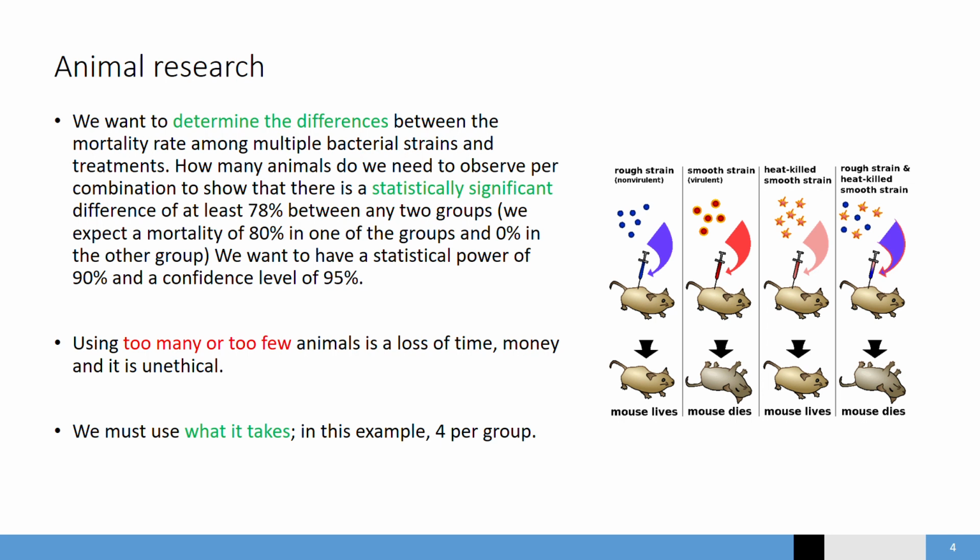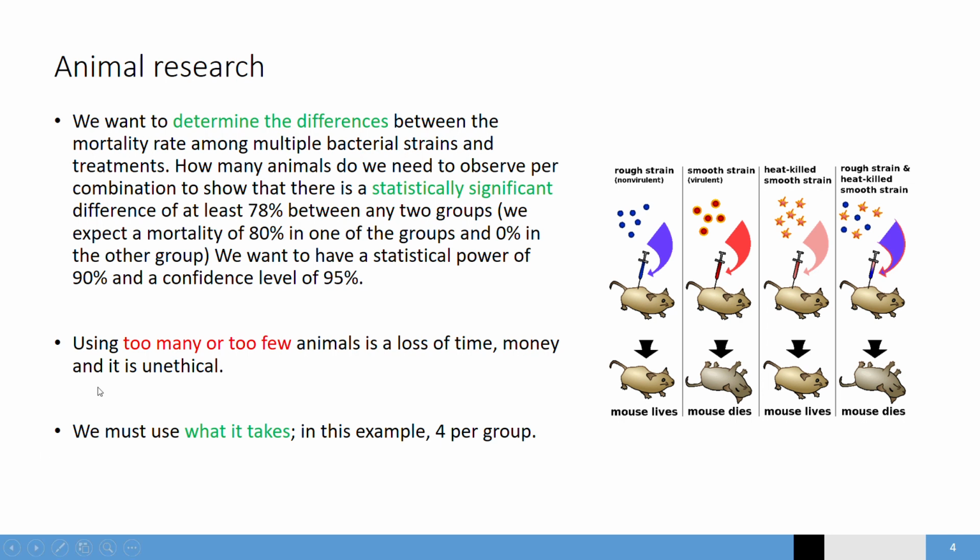But if you use too few, it is also unethical and a loss of time and money, because when you try to compare the two groups, the p-values will never be below this 5% threshold. That means that you have done the experiment for nothing. So it is really unethical. So you must use what it takes.